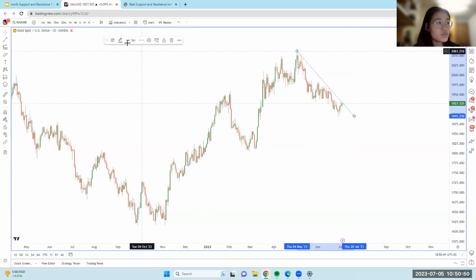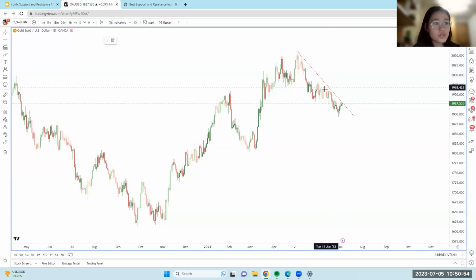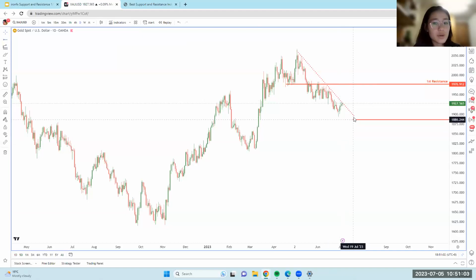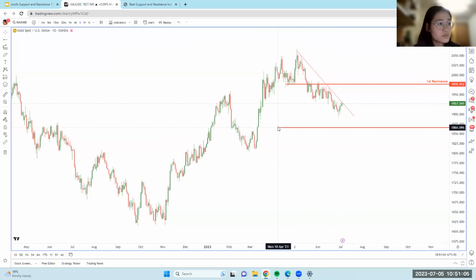Okay, so we can see price moving in this descending trend line. Now let's go in with our levels. So I have a first support, first resistance here, and then my first support over here.